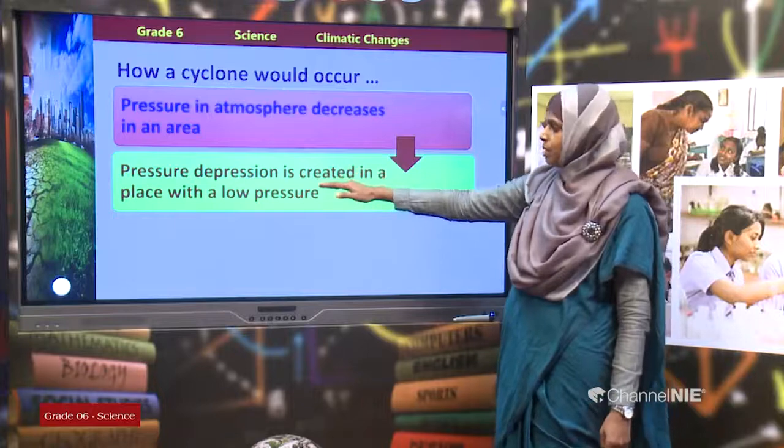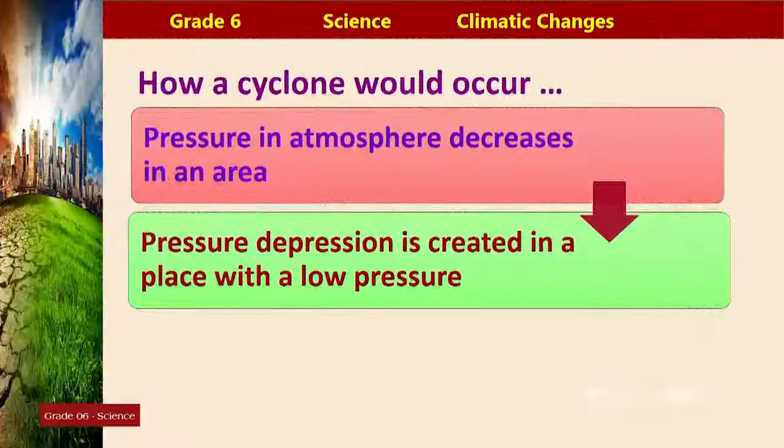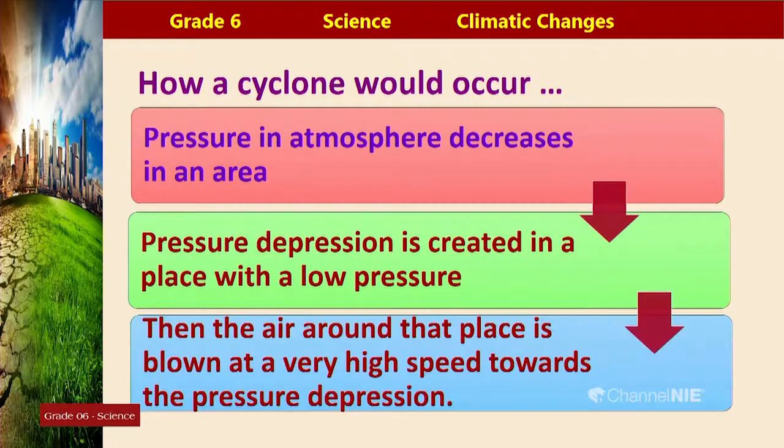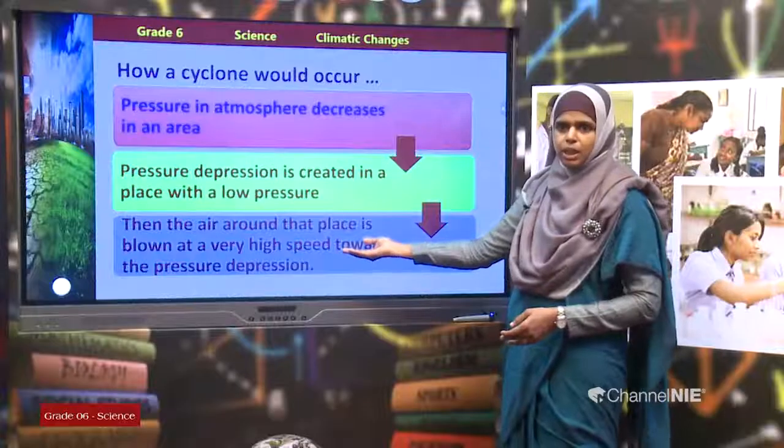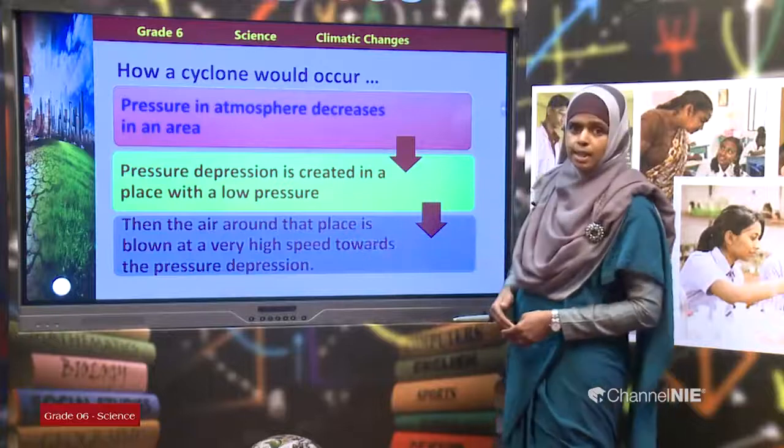Drop in the pressure is called pressure depression. That area has a low pressure. Into this particular area, from the surrounding areas, the air is blown at a very high speed, causing a cyclone.